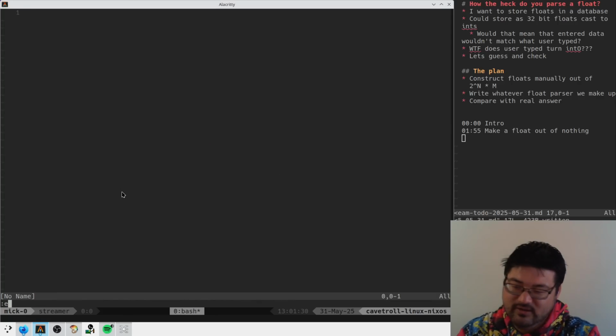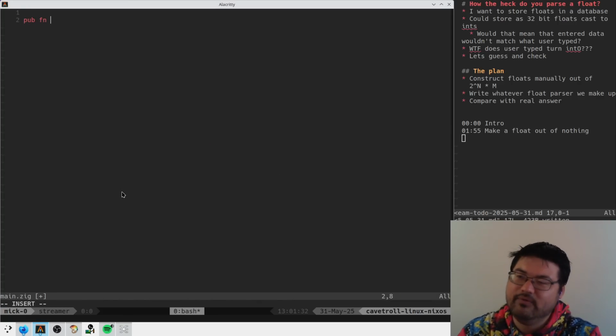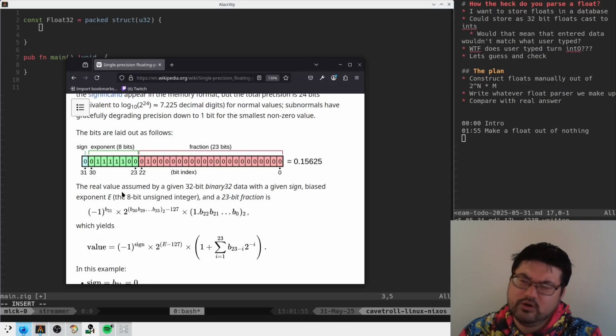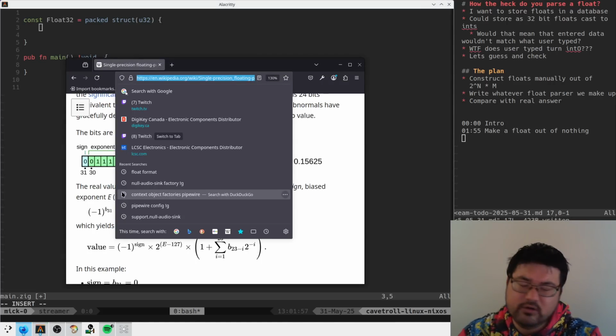So let's make a main function. We know that float is a packed struct backed by a u32. I can't remember which way Zig packed structs go.